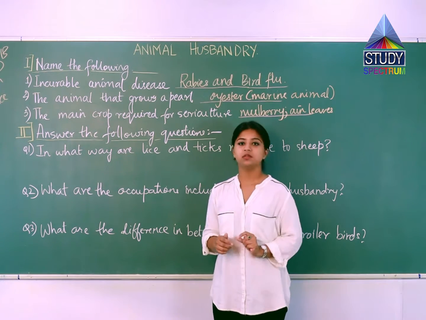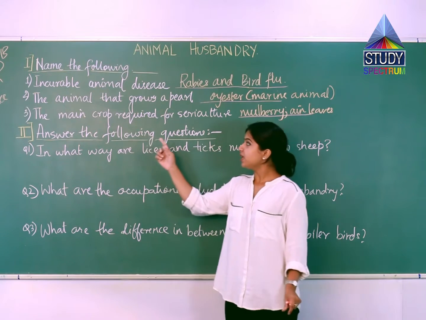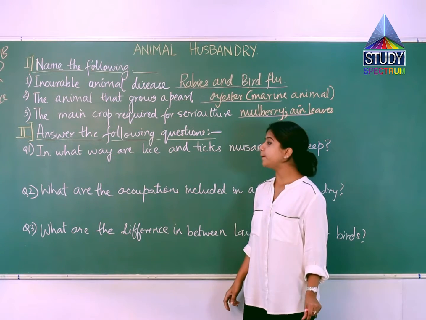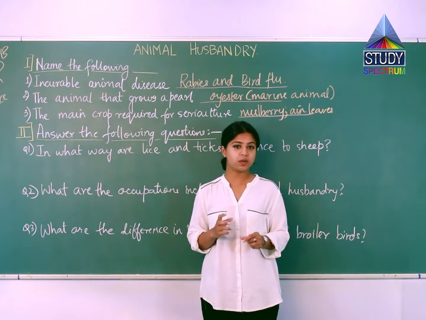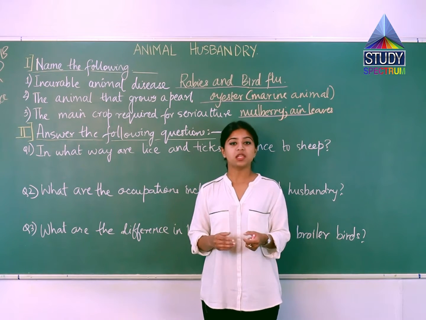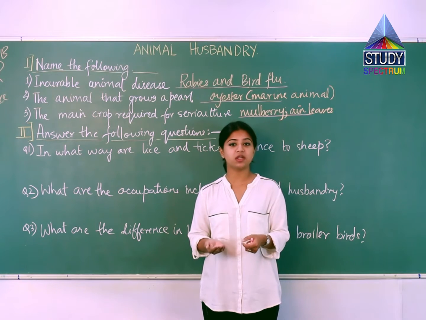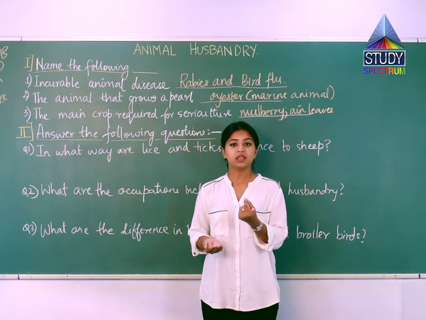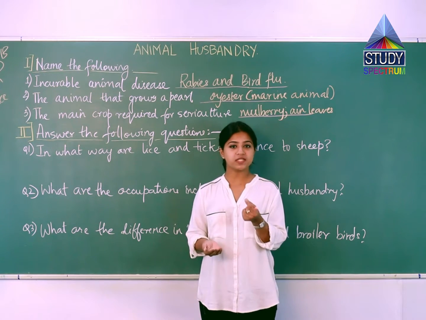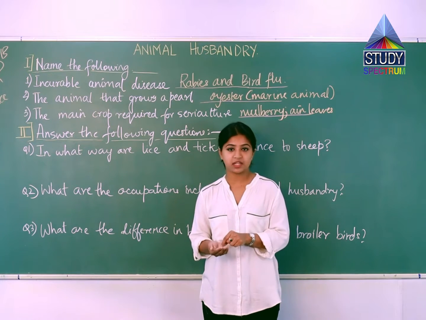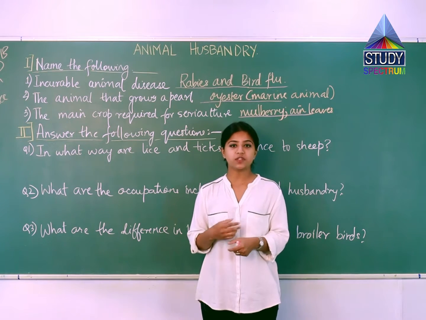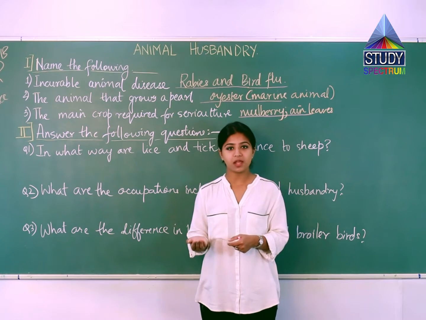The next one is the animals that grow a pearl. The animal that grows a pearl is the oyster, because the oyster has a shell structure in which, once a grain of sand enters its body, it is transformed into a pearl over a while.